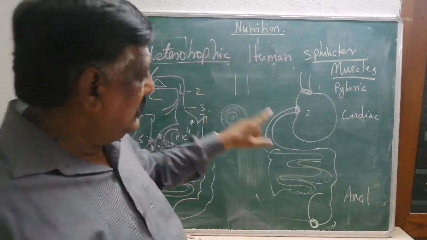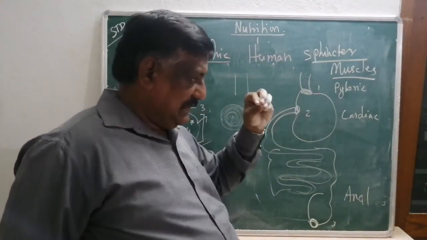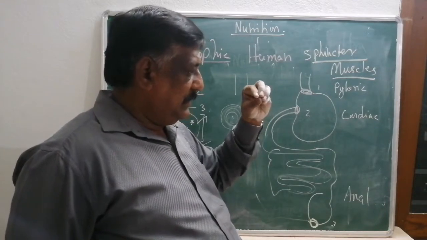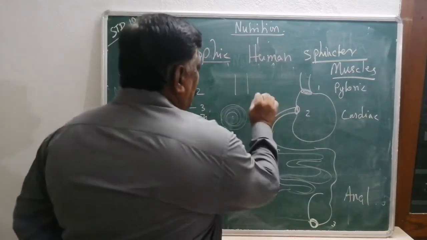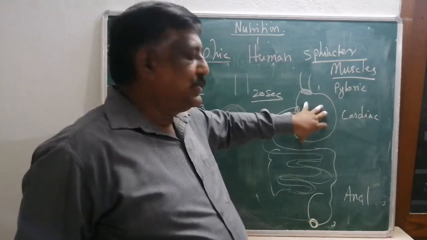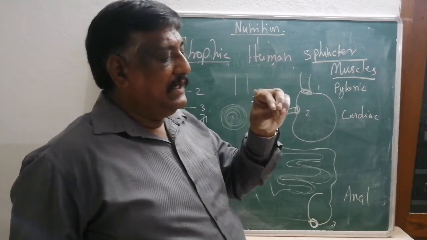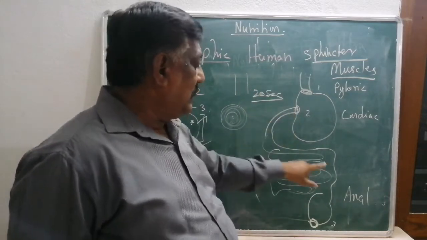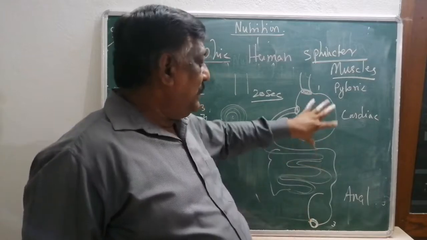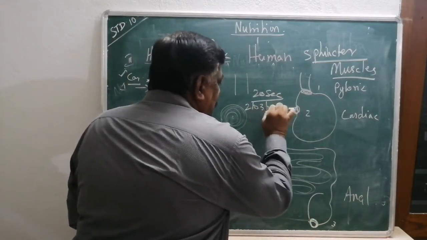They open and close. And the pyloric sphincter closes and releases food every 20 seconds. Whatever food is stored here, it releases a little amount every 20 seconds, and that little amount comes and is digested. That's why to empty the stomach, it needs 2 to 3 hours.